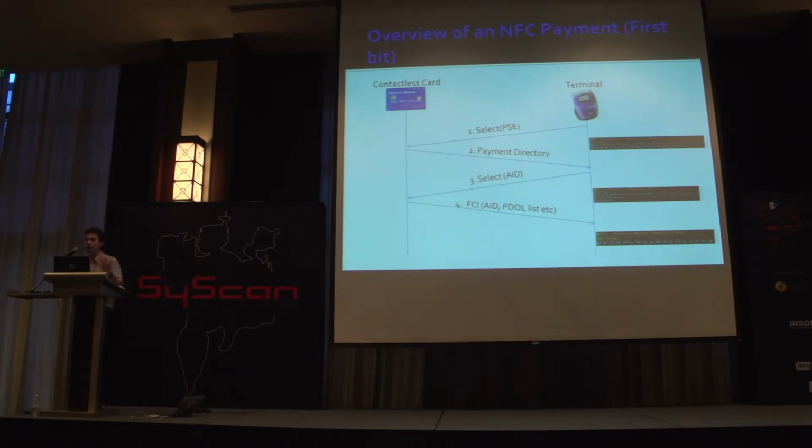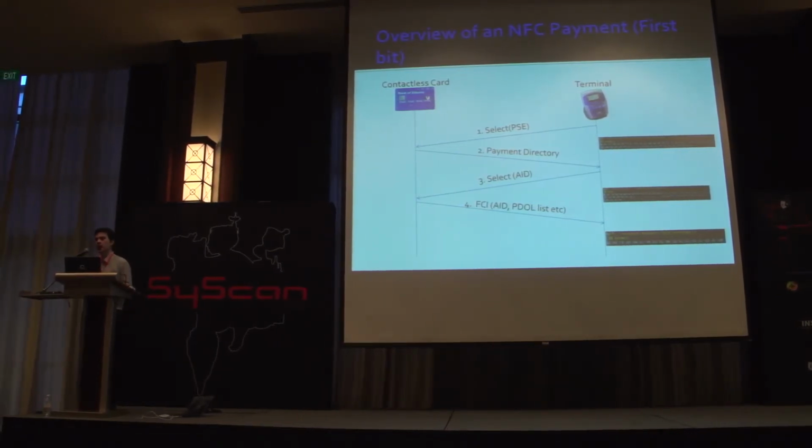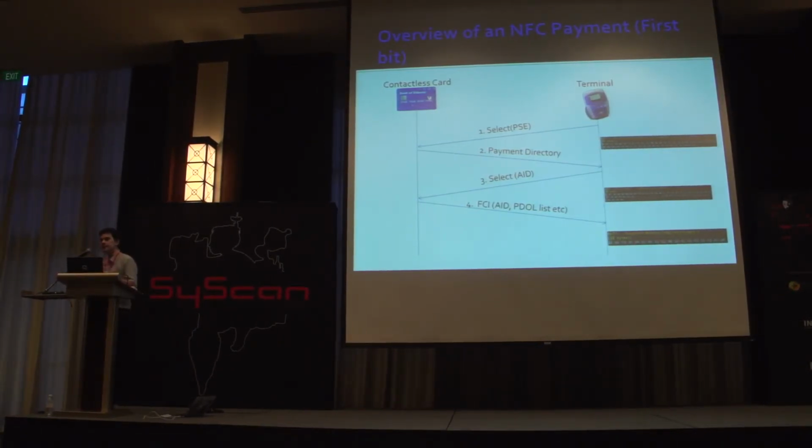After that step, we basically get sent back what is called a PDOL. A PDOL is a processing data options list. This is the card telling the terminal, okay, what do we need to perform a successful transaction, basically. So it tells us what tags we need to generate the CVC codes or application cryptograms, for example.